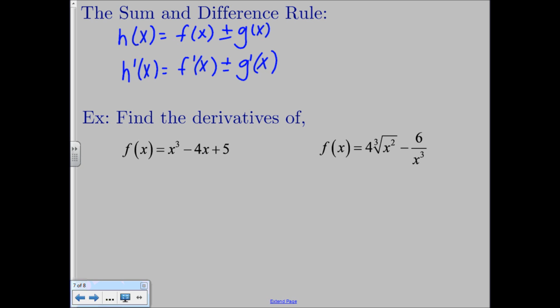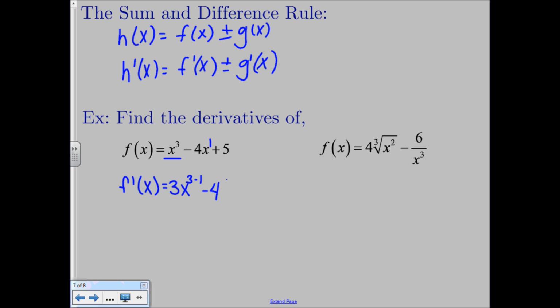So we have f of x equaling x cubed minus 4x plus 5. I'll put on that exponent of 1 here just to make our power rule a little easier when we get there. So f prime of x equals, applying our power rule to first the x cubed, we're going to bring down that 3 times x to the 3 minus 1 power. Minus, okay, we have a coefficient here, so we're going to bring in that constant multiple rule.